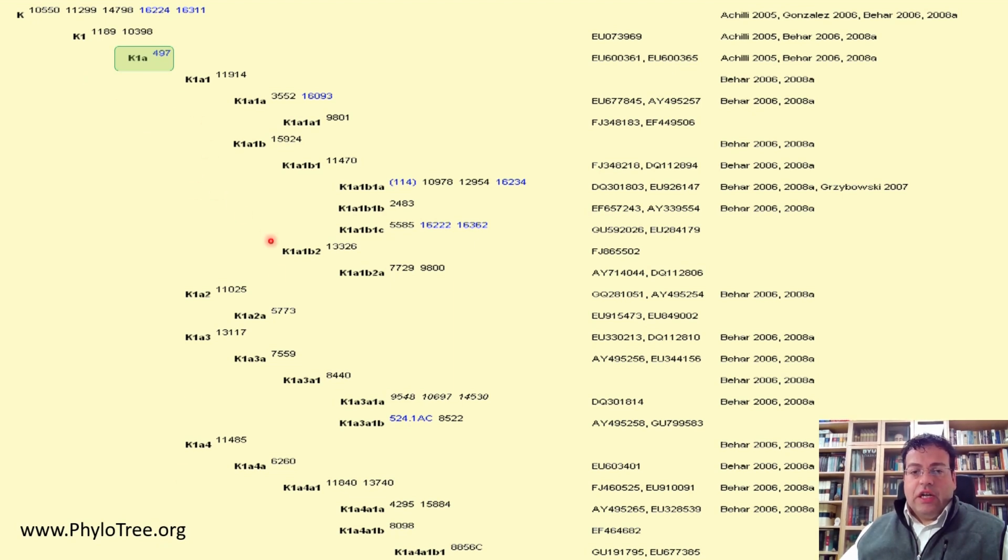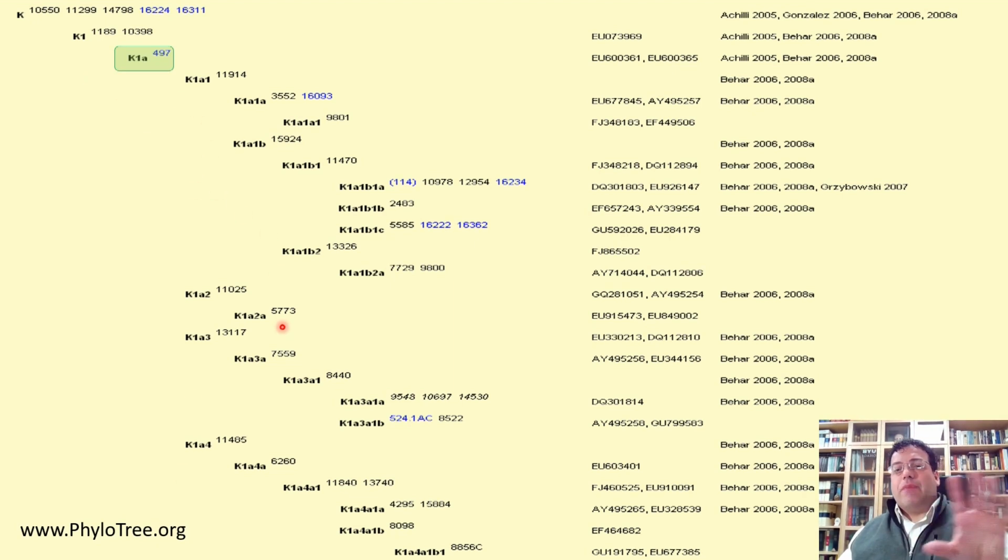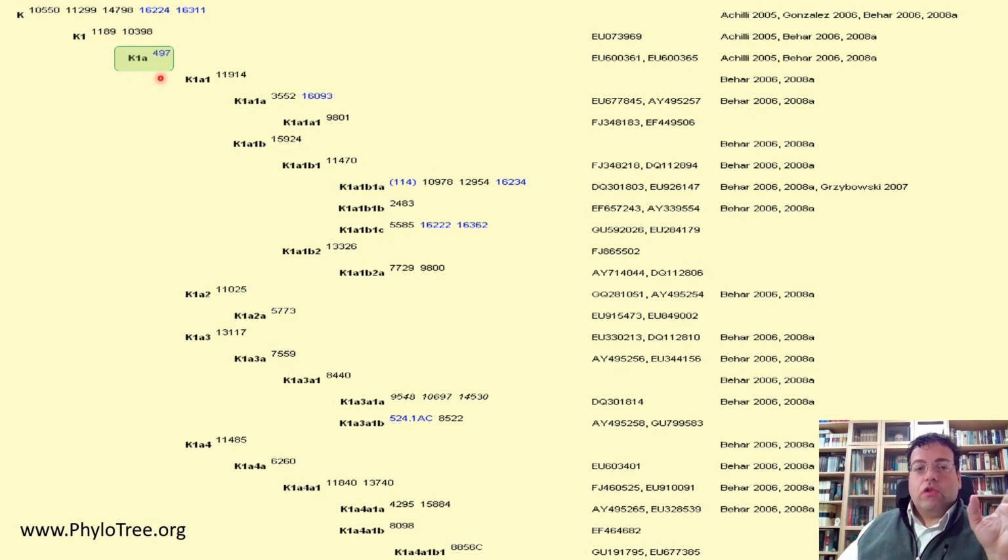What we have here is a snapshot of a large tree that organizes all the different branches of mitochondrial DNA. I told you I belong to a branch called K1. Because of a particular mutation found in the low resolution level tested, the control region level, called 497, I can go as far as saying that I am in a branch called K1A.